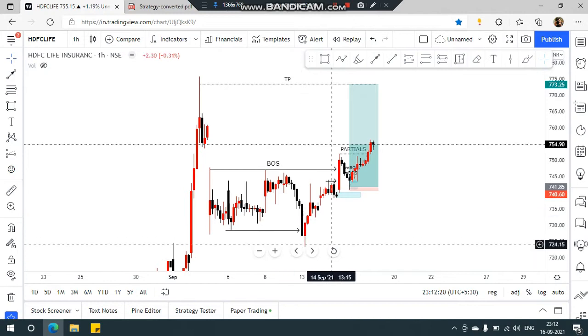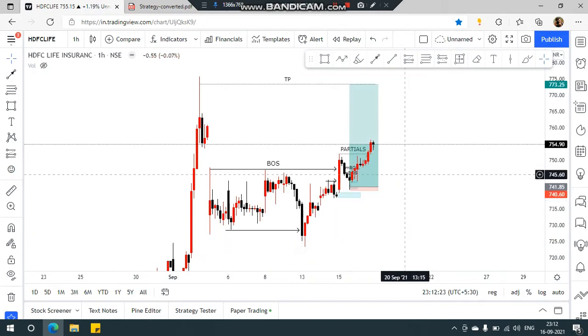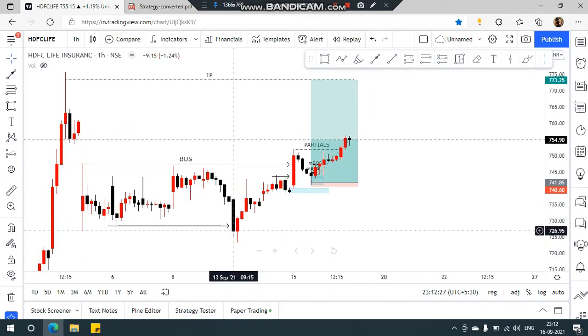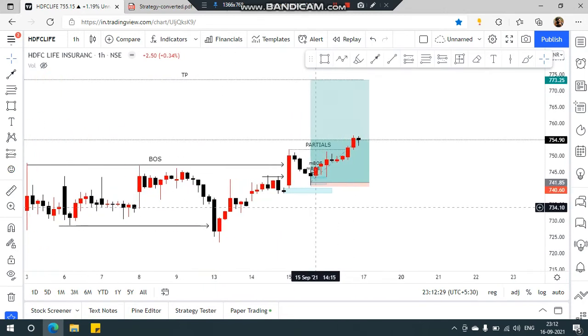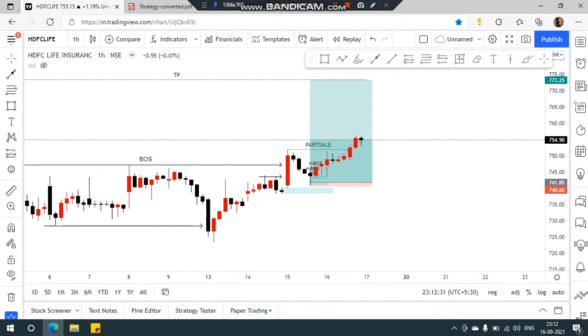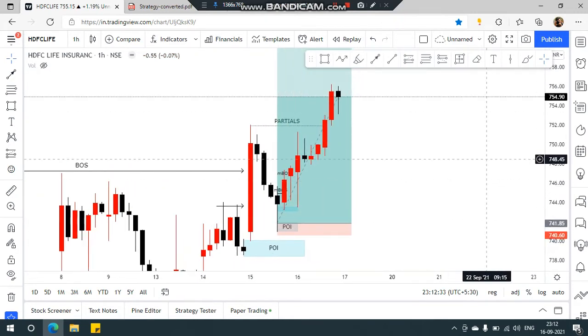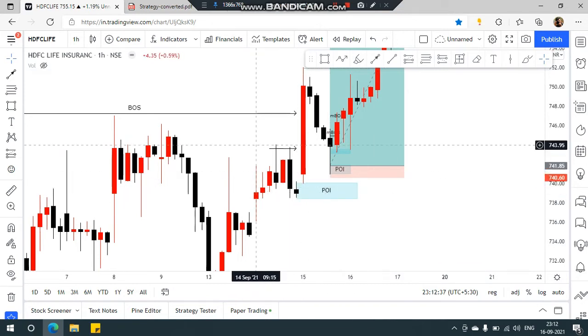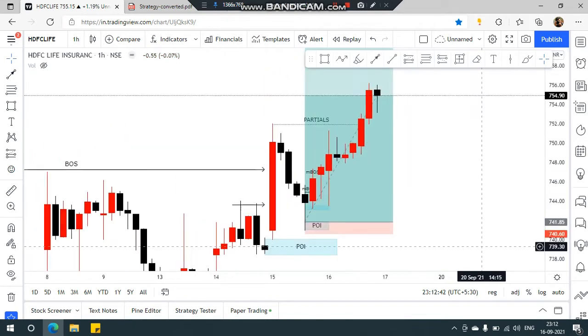Then that same impulsive move broke to the upside. Here I have marked my POI on this candle, and this will be my breakout structure. Also, this will be my breakout structure.